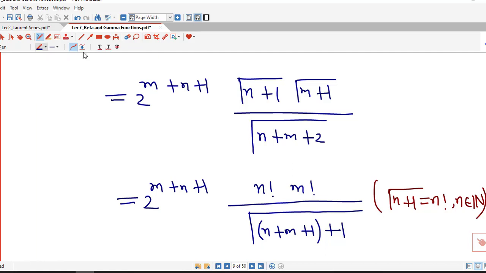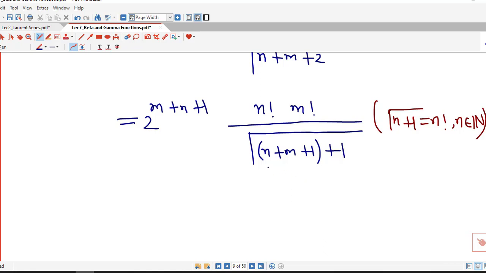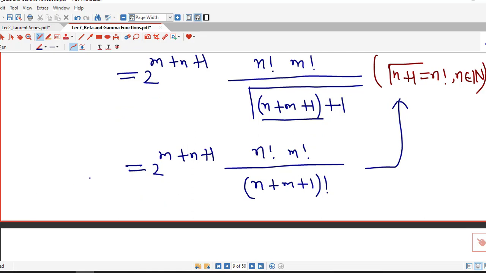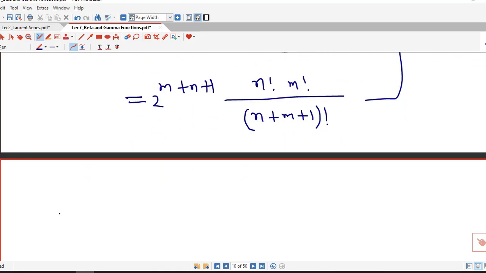So now the denominator is nothing but factorial of n plus m plus 1, because n and m are integers, so n plus m plus 1 is also an integer. This is n factorial, this is m factorial, and here we have n plus m plus 1 factorial. Again using this recurrence formula, instead of n we have n plus m plus 1, so it is n plus m plus 1 factorial. So this is the answer of the given integral.